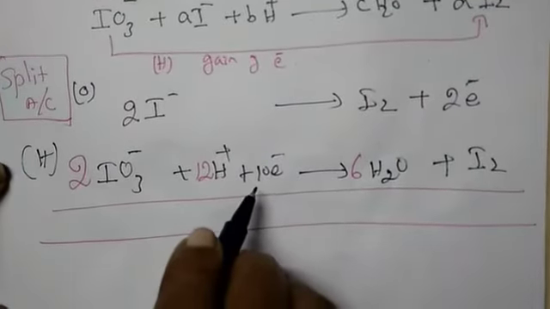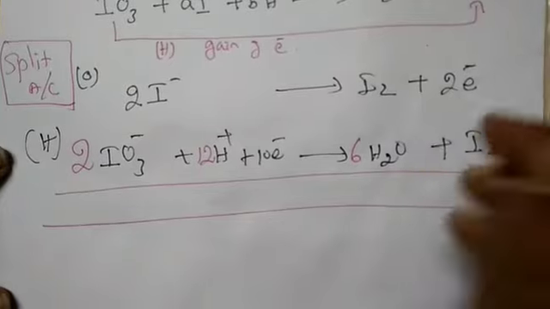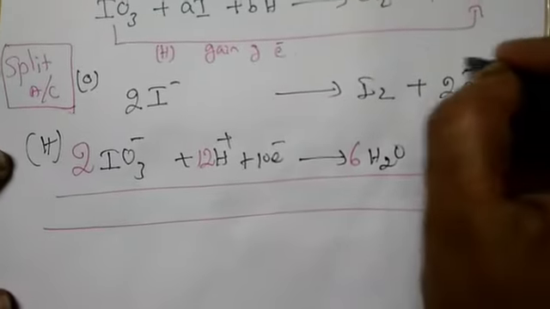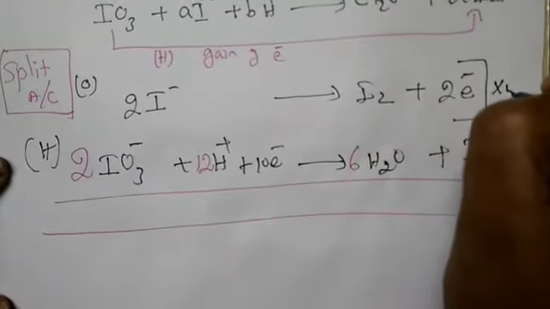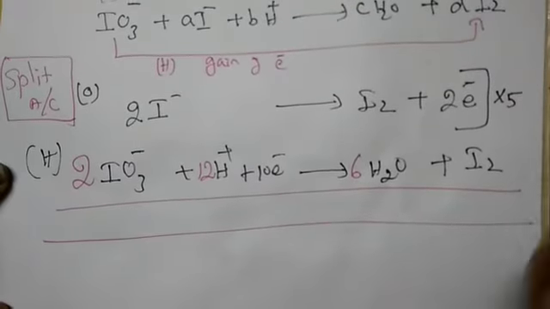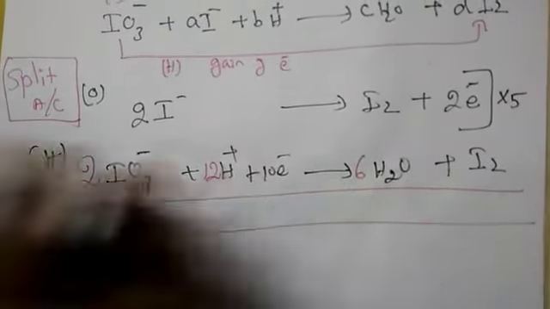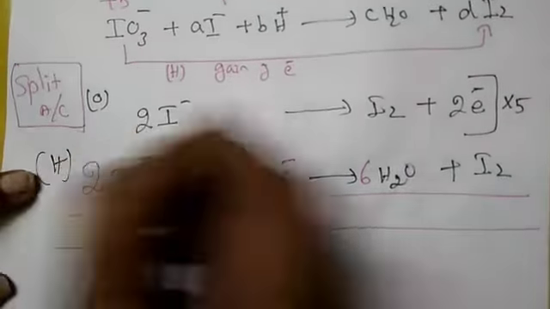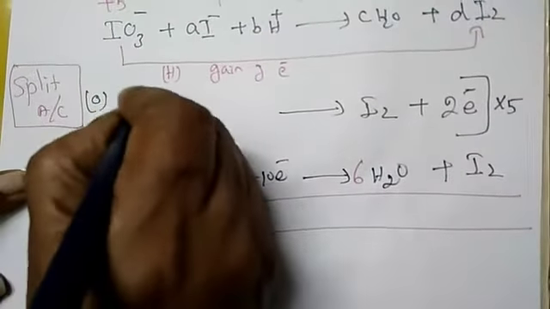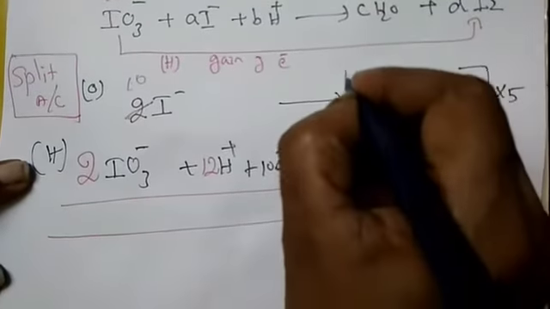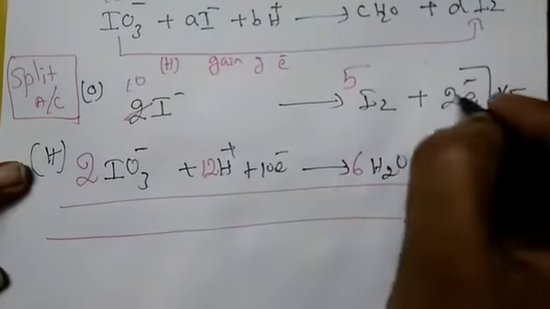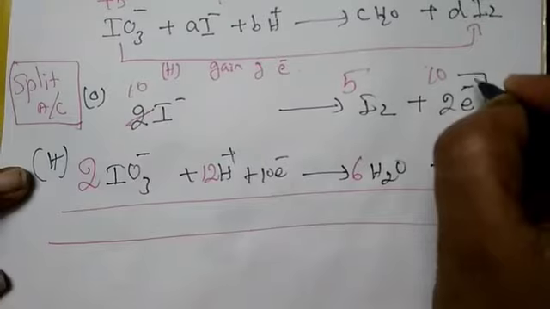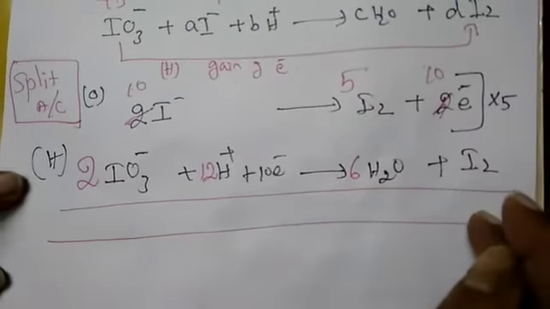It requires 10 electrons, so the oxidation half has to supply 10 electrons. Because of that, this equation takes 5 times. So I am multiplying the first reaction by 5. 5 into 2 becomes 10. Here I am writing stoichiometry 5. 5 into 2, it is 10 electrons. So the reaction is steady.